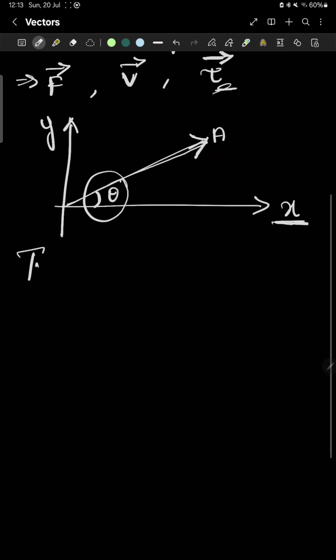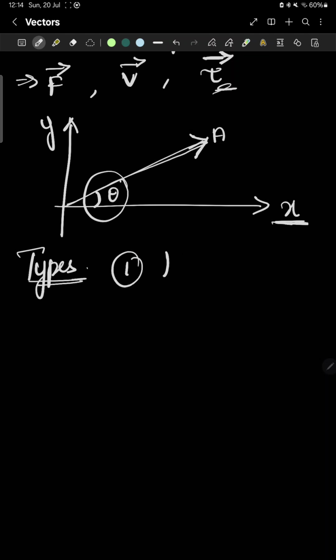There are different types of vectors we are going to see. The first one is the like vector. Let us consider two or more vectors: a vector, b vector and c vector.